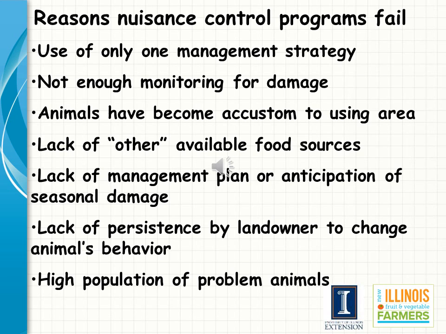Remember, you're going to have to be very persistent at changing the behavior of an animal, and you might just have been dealing with a very high population of problem animals. So any of these reasons or conditions or a combination of those might lead to lack of success in a wildlife nuisance management program.